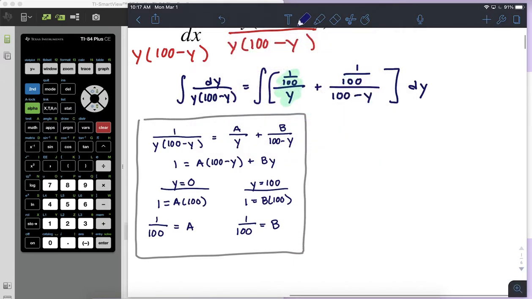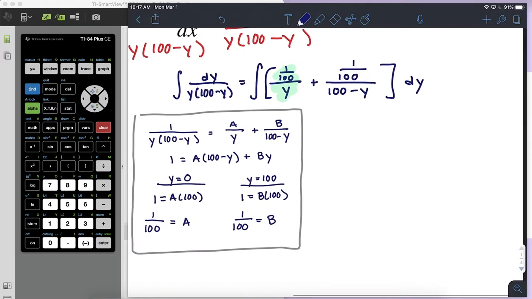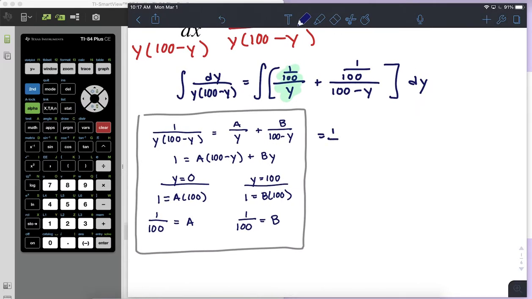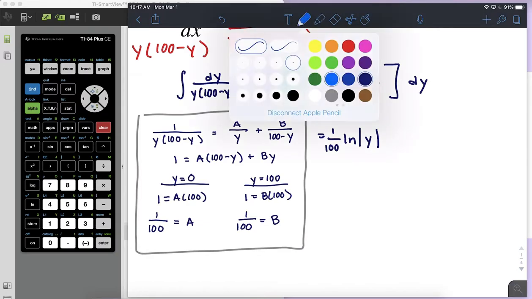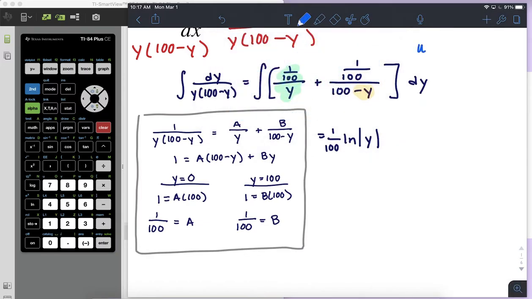That's just going to be 1/100 times the natural log of the absolute value of y. But when we go over here, because of this minus sign, if we do a quick u substitution, if we made u equal to 100 minus y, my du would be negative dy.